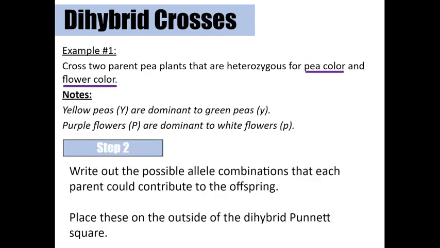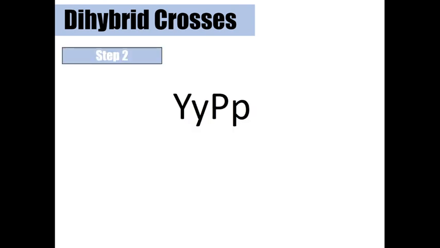Right. So step 2. Write out the possible allele combinations for each parent that could contribute to the offspring. And we're going to place these on the outside of the dihybrid Punnett square. Remember, first, outer, inner, last.